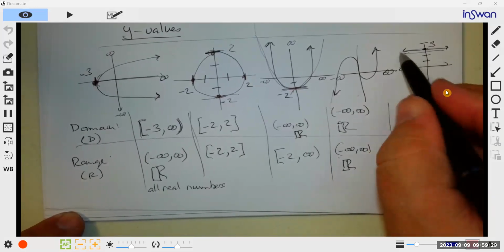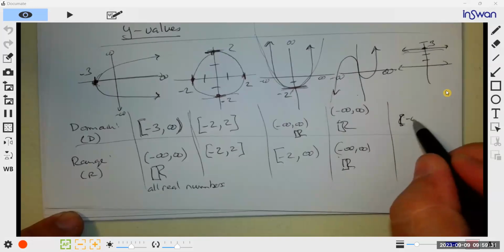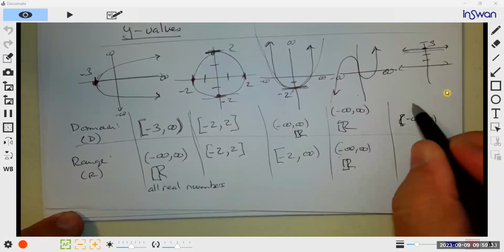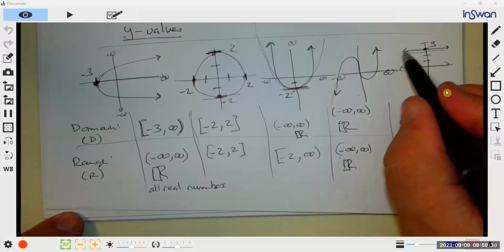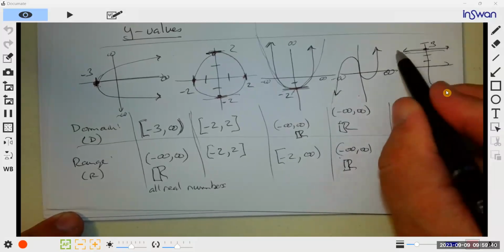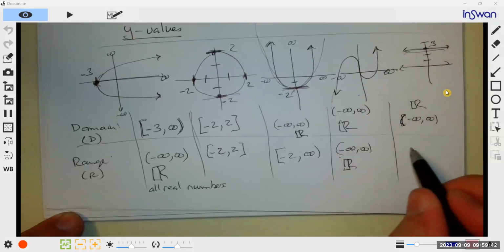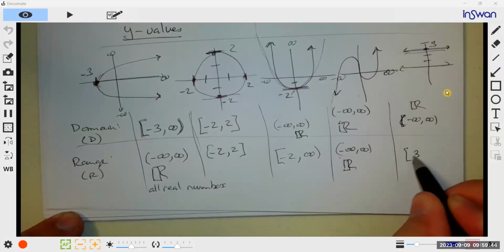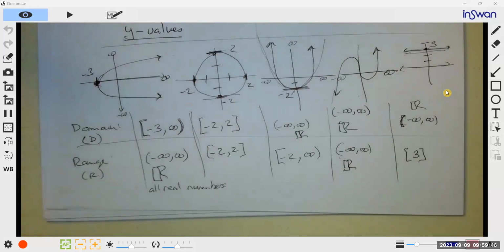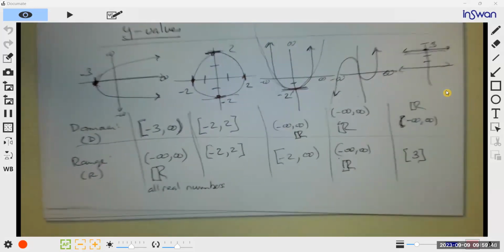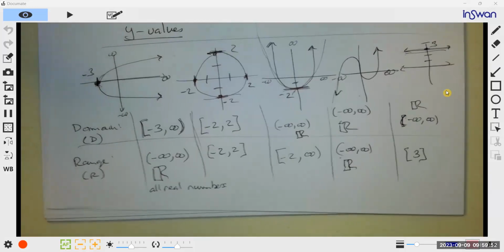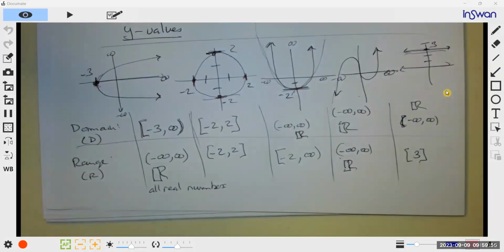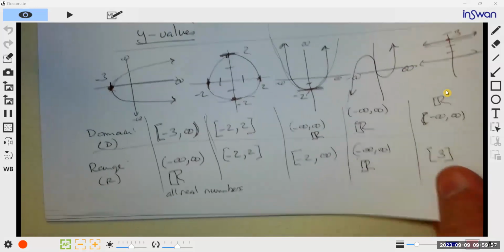On the x-axis, it goes from negative infinity to positive infinity, or all real numbers. But on the y-axis, it only crosses at one point. It doesn't go up or down any. So there's that. All right, so that's what section 2 is all about, domains and ranges.